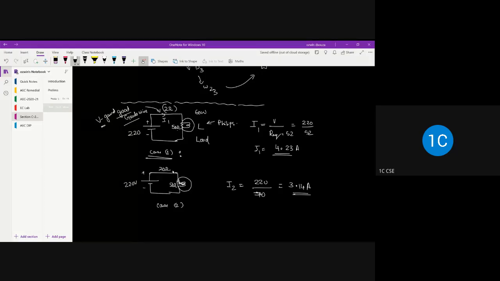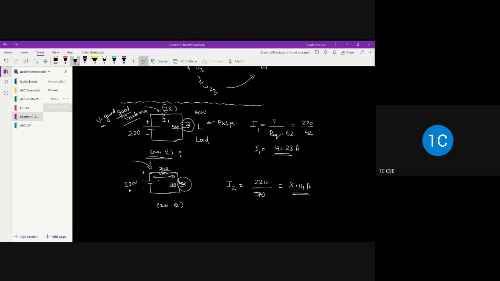The second level of understanding would be calculating the voltage which is present across the lamps. You know that if the resistance is more, the voltage drop across it will also be more. So if you choose a wire which has a higher resistance value, most of the voltage gets lost across the transmitting wire itself.